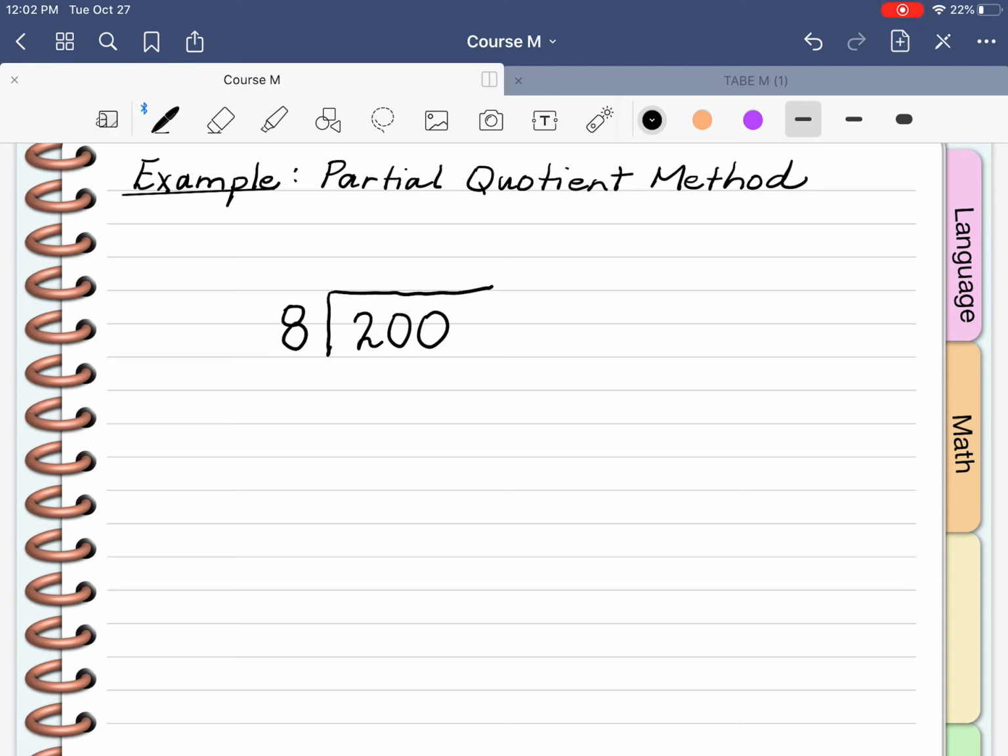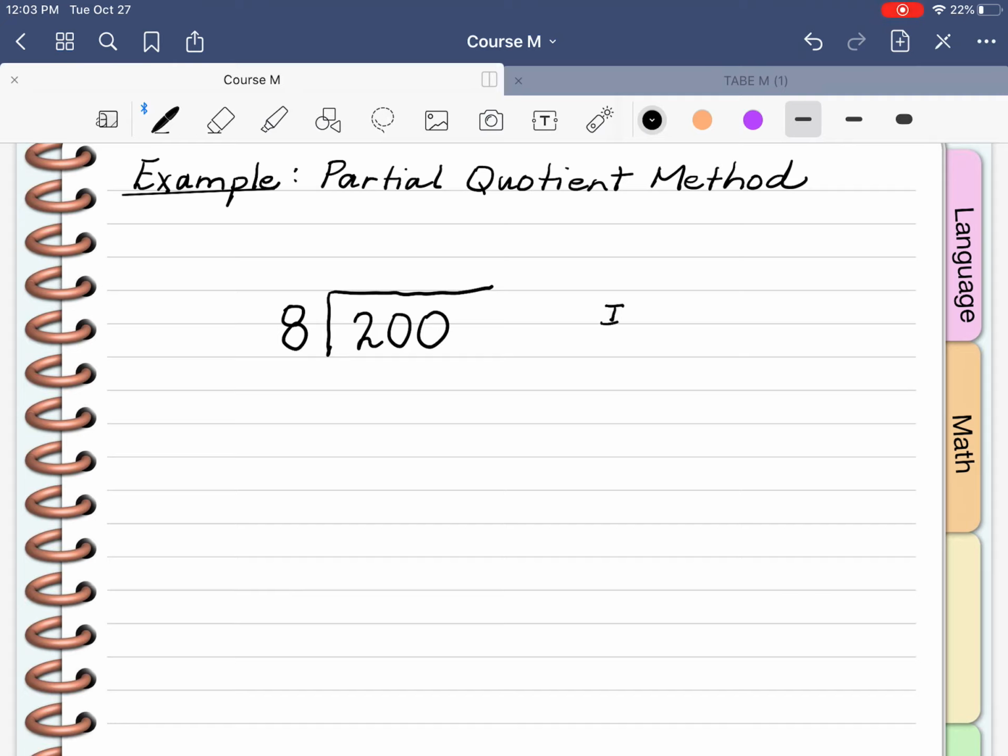So 200 divided by 8, we already know that the answer is 25. But using partial quotients, here is a way to do that. You look at your 200 and you think, okay, how can I begin to start breaking that down? How can I start breaking down the 200 towards 0 in a manageable way?